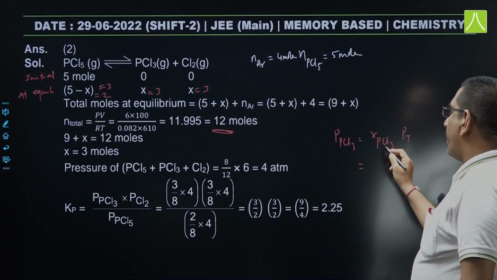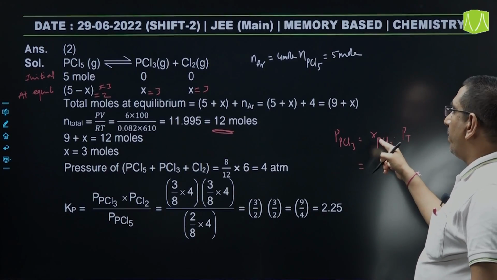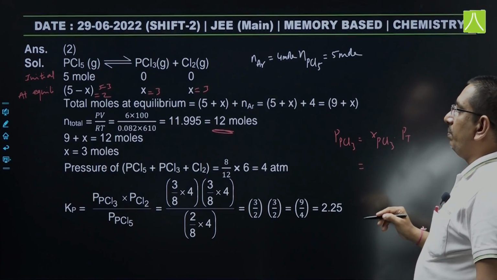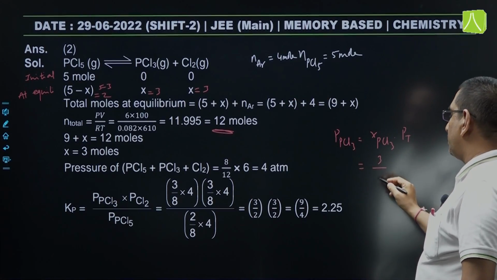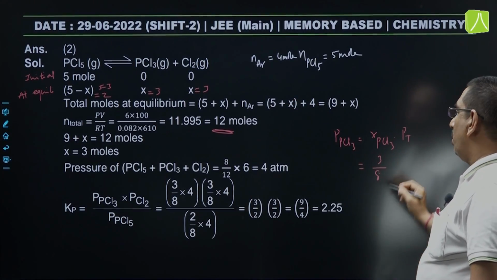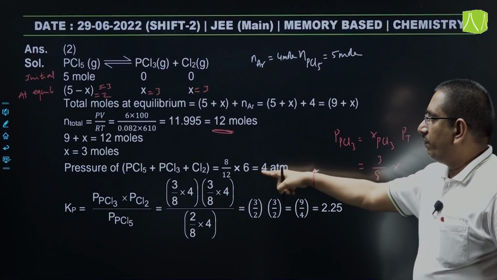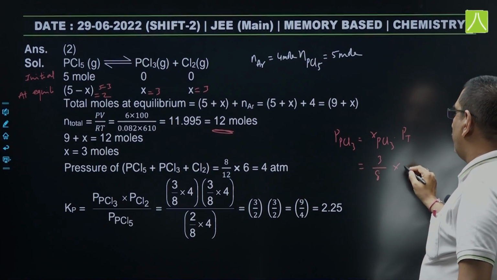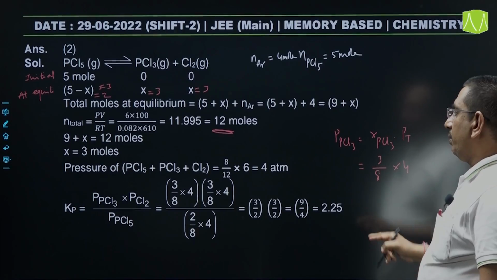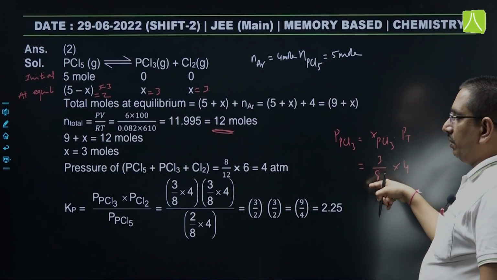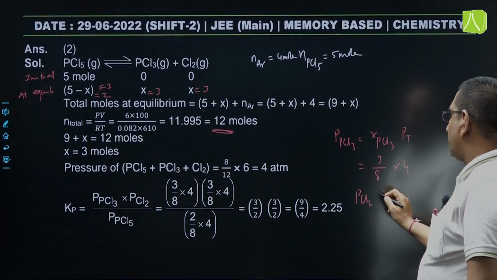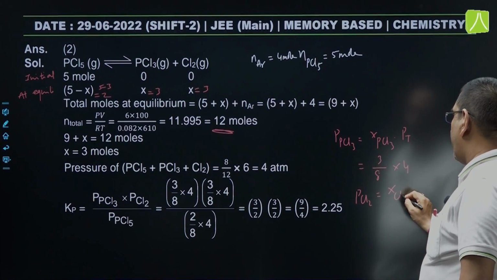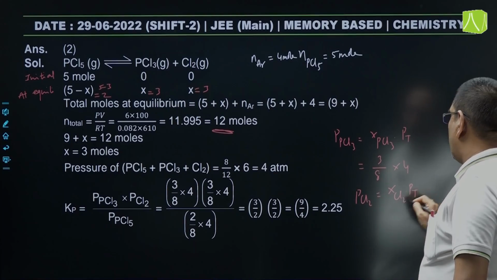अब इसमें मोल फ्रैक्शन ऑफ PCl3 मीन्स नंबर ऑफ मोल्स ऑफ PCl3 एट इक्विलिब्रियम इज 3 मोल्स एंड टोटल मोल्स फॉर दिस मिक्सचर इज 8 मोल्स इनटू टोटल प्रेशर फॉर दिस मिक्सचर, टोटल प्रेशर इज 4 atm। ये पार्शियल प्रेशर ऑफ PCl3 होगा, और सिमिलरली पार्शियल प्रेशर ऑफ Cl2 भी ऐसे ही होगा, दैट इज मोल फ्रैक्शन ऑफ Cl2 इनटू total pressure.